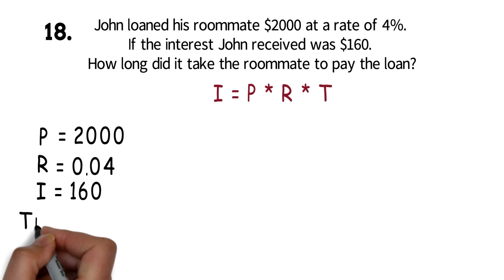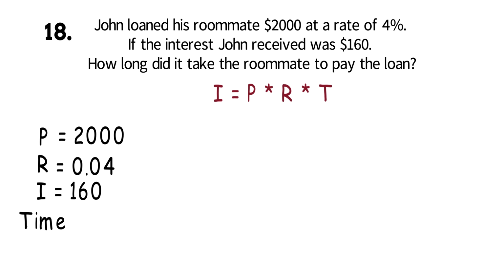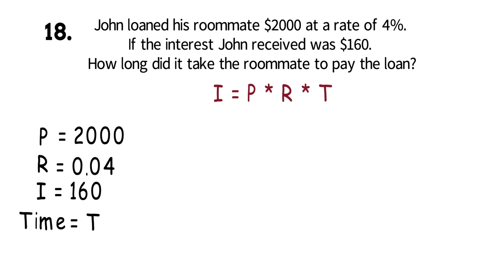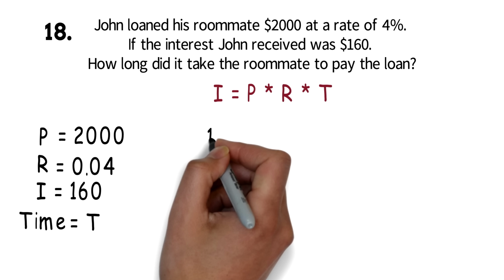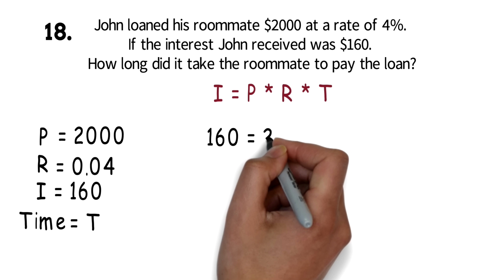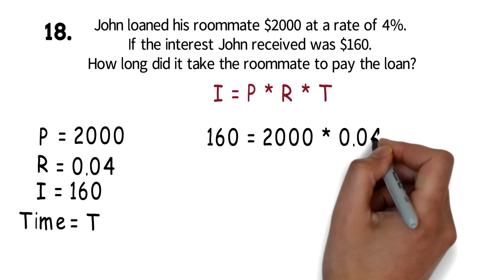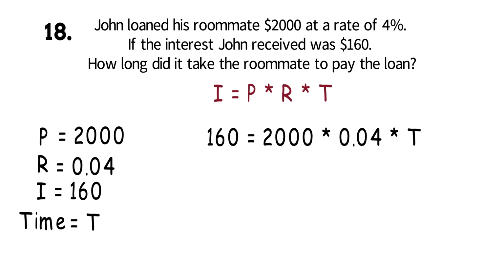The time is what we are supposed to find. Let's represent it by t. Let's put the values we have into the equation and solve for t. So we will have 160 equals 2,000 times 0.04 times t. 2,000 times 0.04 is 80.